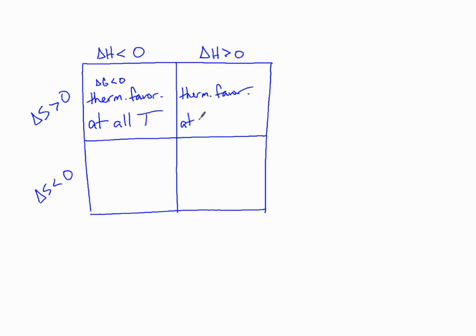It works sometimes, but it has to be at a high temperature. And that's your key. It has to be at a high temperature. When you look at the math of it, you need that second thing, that T delta S, to be a big number so that it can be bigger than the delta H.